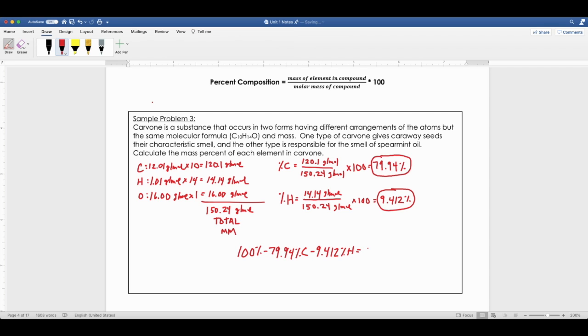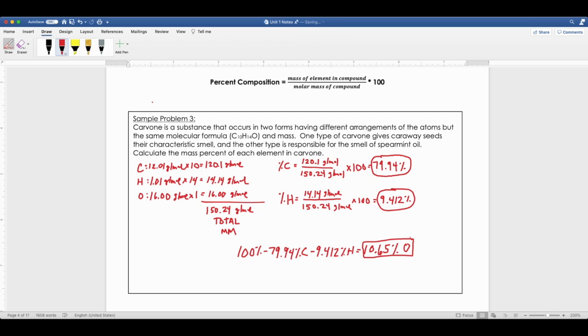So let's just calculate this quick here. So 100 minus 79.94 minus 9.412. Following significant figure rules, looks like 2 places after the decimal. Looks like the remaining 10.65% is going to be oxygen.